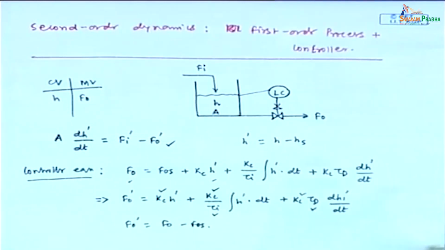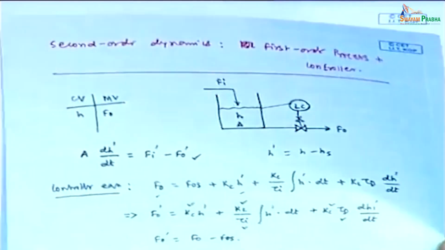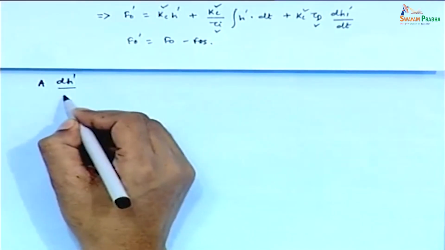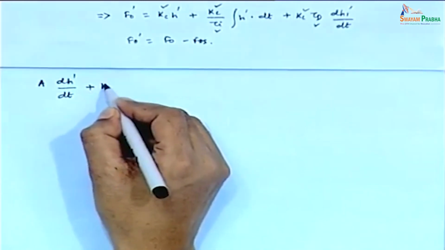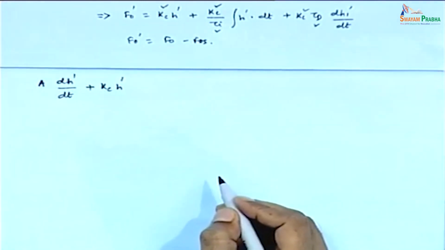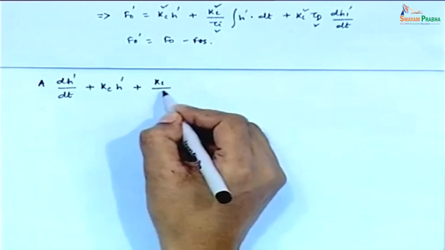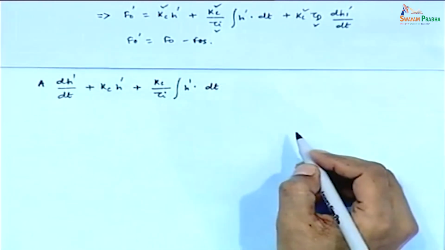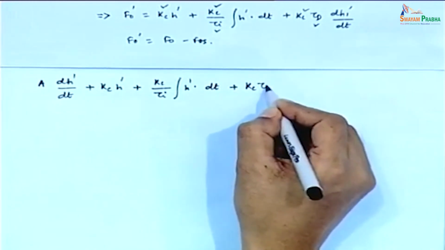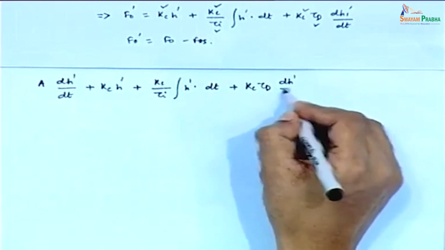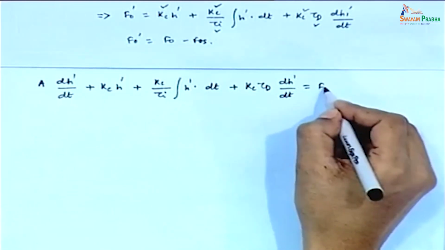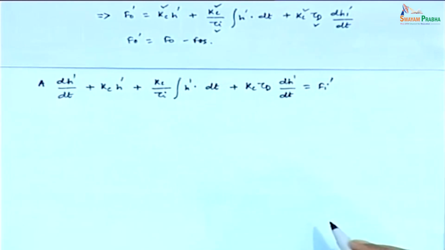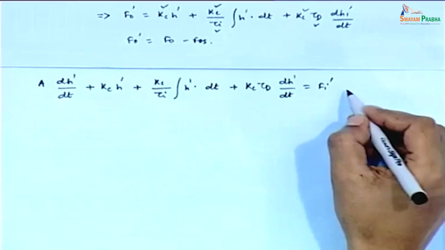By substituting the expression of F naught prime in the modeling equation, we obtain A dH prime dt plus Kc H prime plus Kc divided by tau I integration H prime dt plus Kc tau d dH prime dt equals Fi prime.